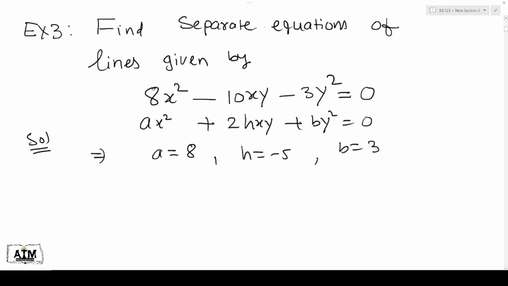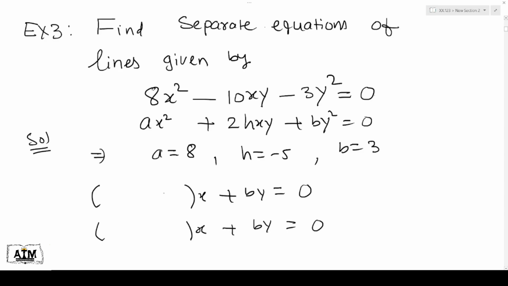Now I give you directly one relation, one formula to find the separate equations of lines. What is that formula? Here is one bracket, here is h x, here is a y equals 0. This is the first equation. Here is a second bracket, here is h x plus b y equals 0.